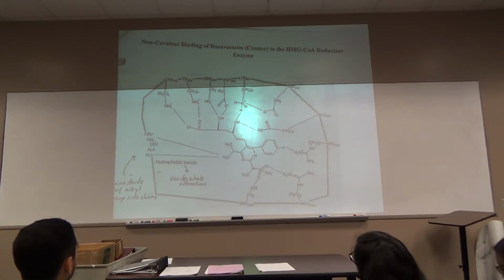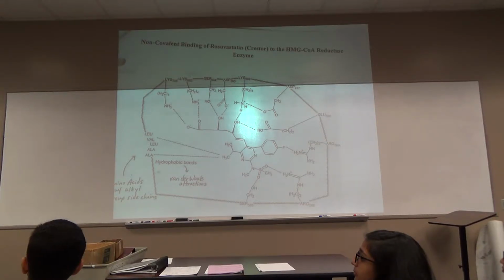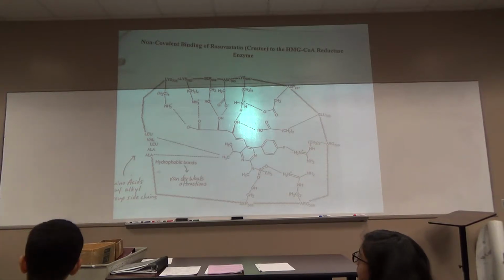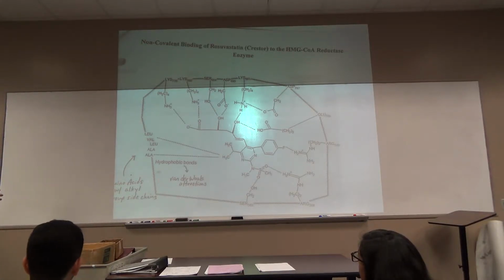IMFs. And you know 4 major types of IMFs, right? What's one type? Van der Waals. Which portion or what features of the molecule would do van der Waals? Single bond? Sigma bond? Nonpolar hydrocarbons, yes.